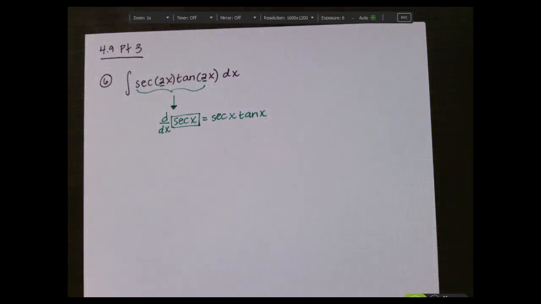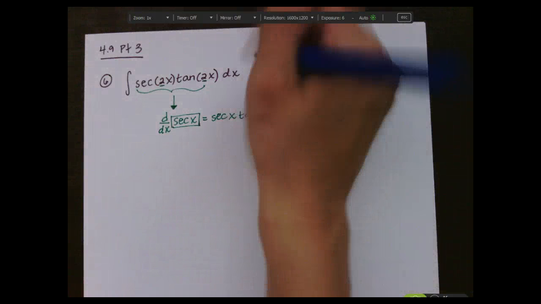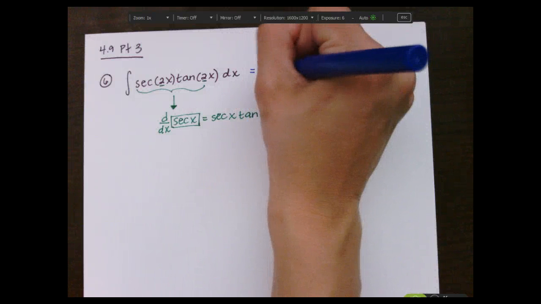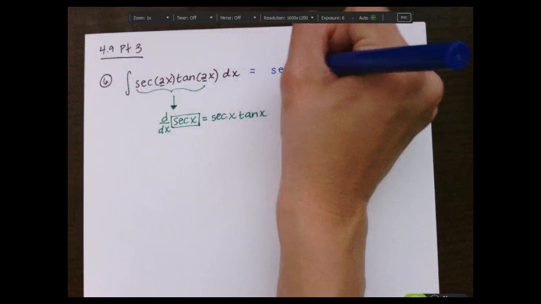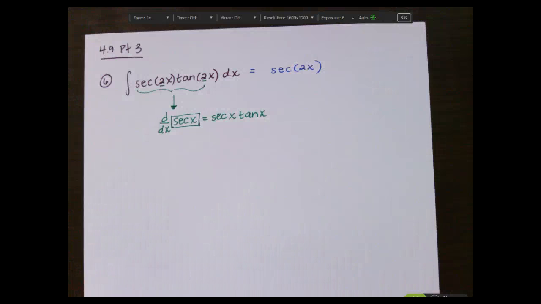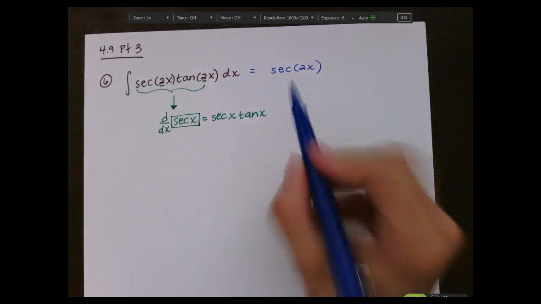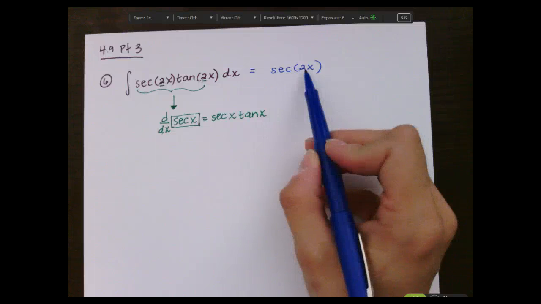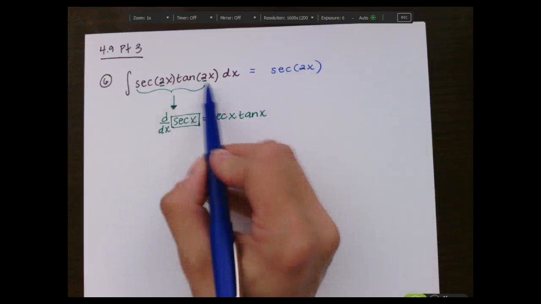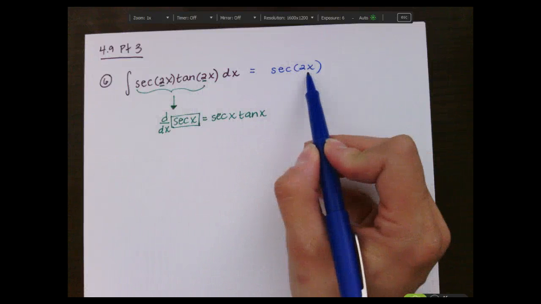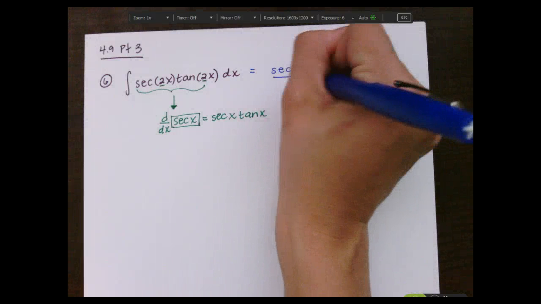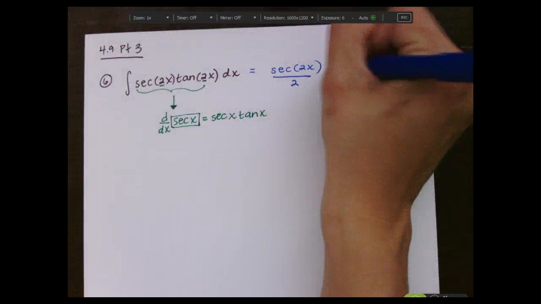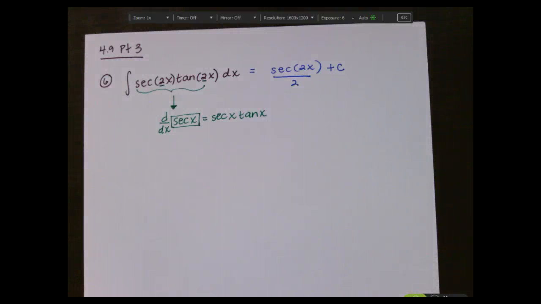Remember in that last case, we took the chain rule piece, the inner argument, and we kept it inside, but then we had to divide by that constant in order to adjust.